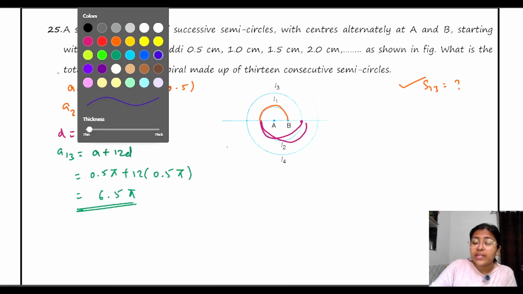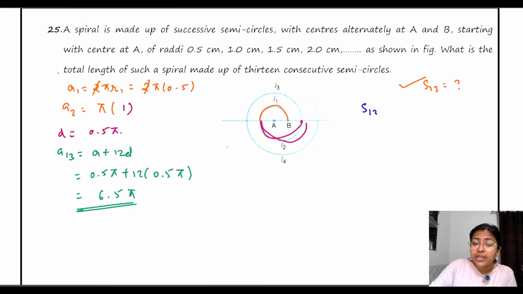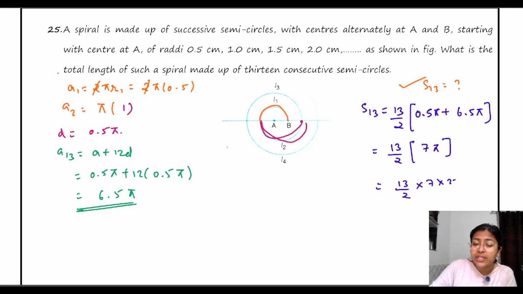Now we need to find S13. S13 can be written as 13 over 2 bracket first term plus last term. The first term is 0.5 pi and the last term is 6.5 pi. Simplifying, 13 by 2 bracket 7 pi, and instead of pi you can write 22 by 7.